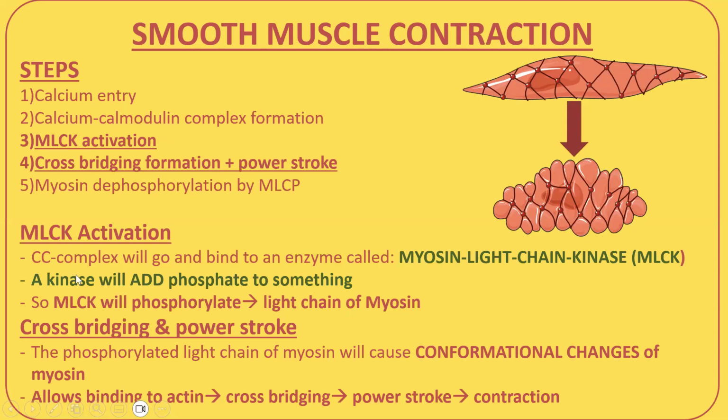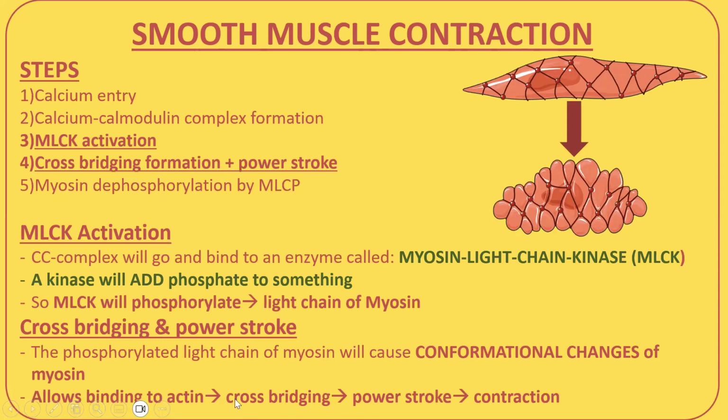So MLCK will be activated by what? What activates this enzyme is the CC complex. Again, calcium will enter, bind to calmodulin, forming the CC complex. The CC complex will activate the MLCK. MLCK will then cause the phosphorylation of the light chain of myosin, causing a conformational change. It will allow the myosin to bind to actin, forming cross bridges, the power stroke, and contraction.